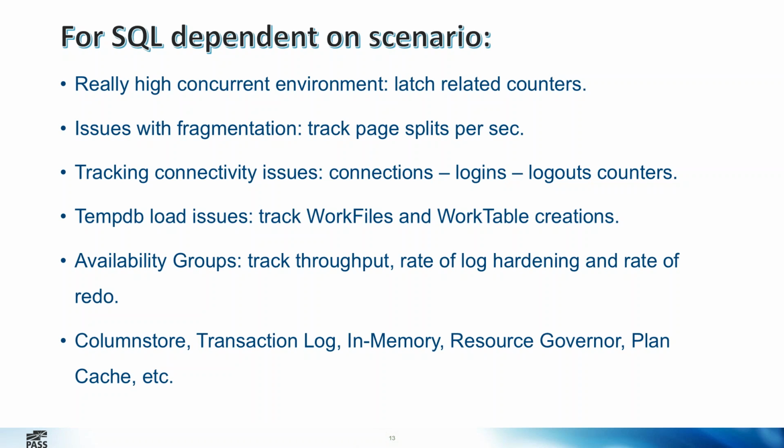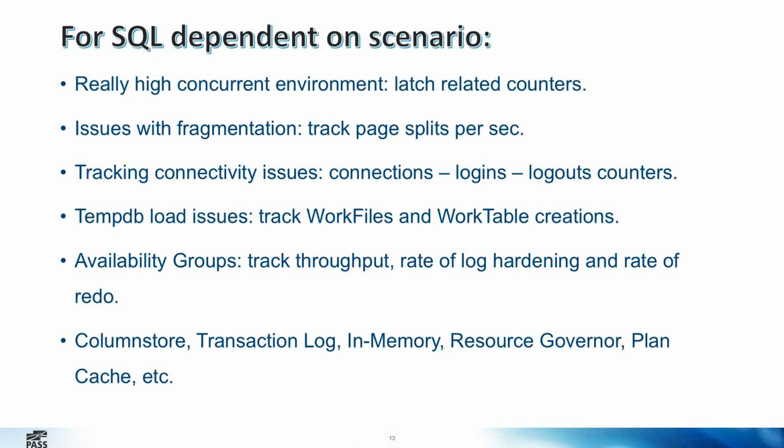If you're using availability groups, it's a good idea to track the throughput of how much data we're pushing through the availability group transport. How fast are we hardening the log on the secondaries, for example? How fast are we actually doing the redo after the log is hardened on the secondaries as well?